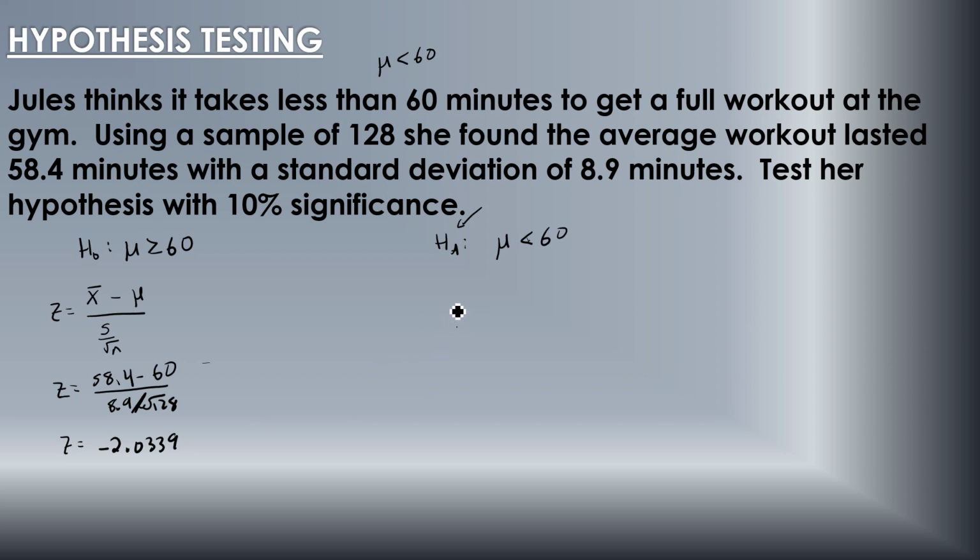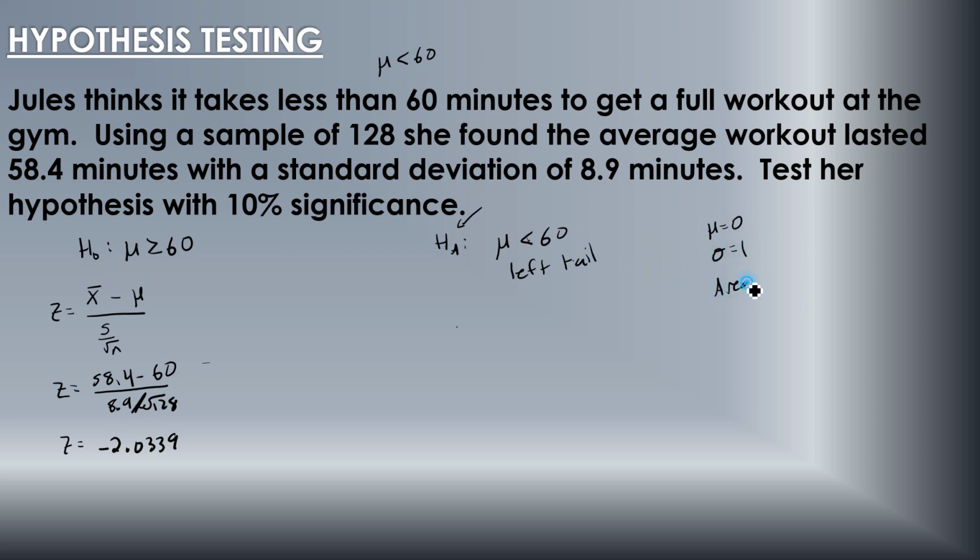Okay, so now that we have our z-score for our claim, we're going to identify our test. This is a less than, so that tells me I'm going to do a left tail test. On my calculator, I'm going to use, again, mean 0, standard deviation 1.